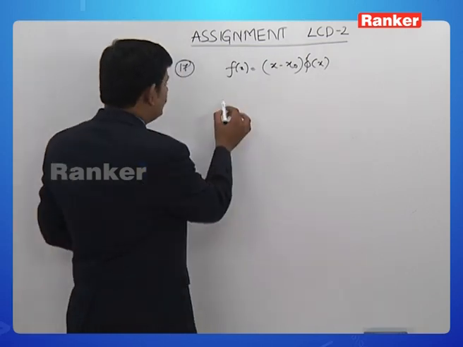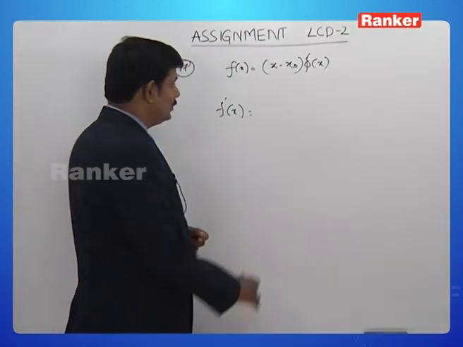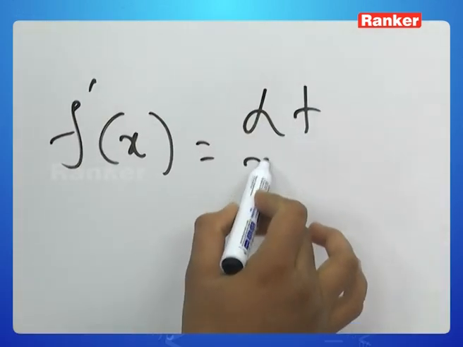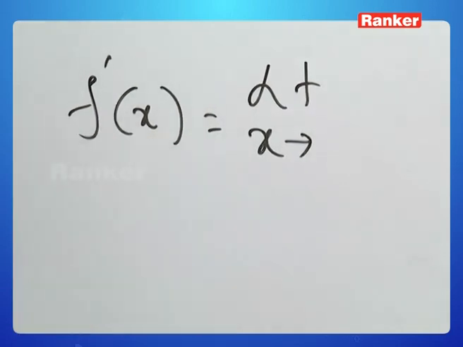So we have to start from the basics. We need to find the derivative at x naught.